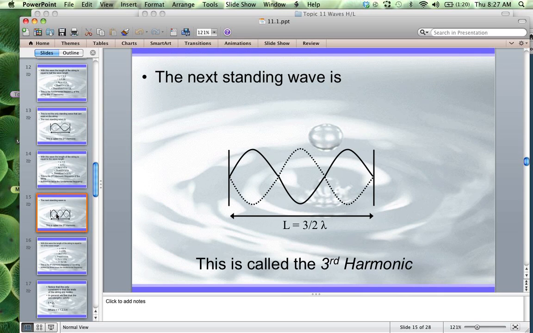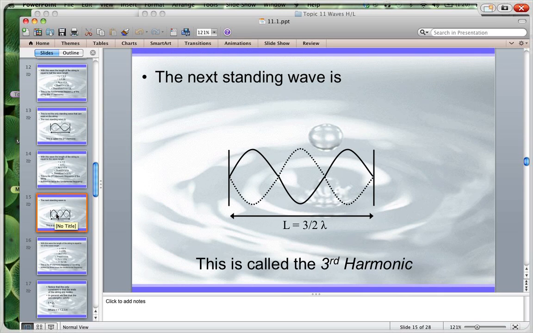Going down to this situation, this would obviously be my wavelength from there to there. So I've actually got 1.5 wavelengths. L is equal to 3 over 2 wavelengths.